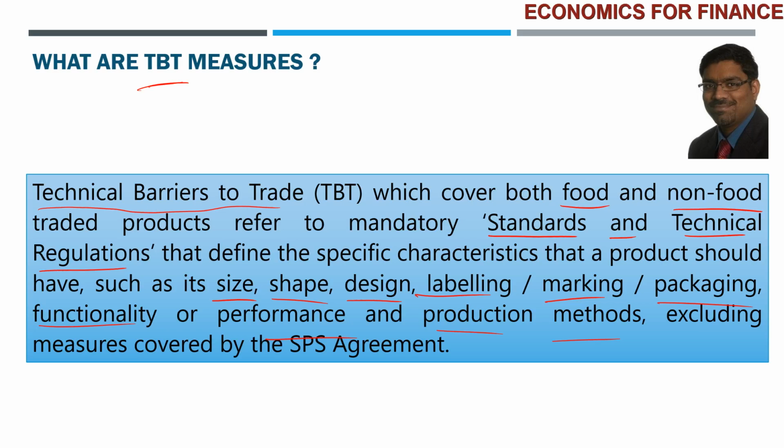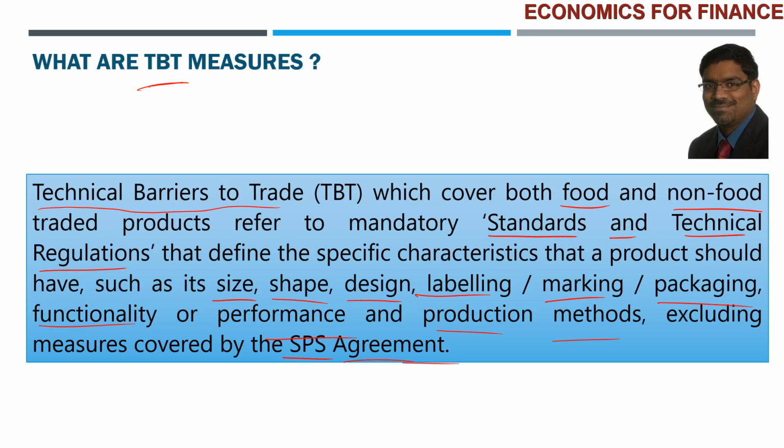discourage imports. But TBT measures, when we look at them as technical barriers to trade, exclude the measures which are already covered by the SPS agreement. When it is already in SPS, why would it come in TBT once again? So SPS measures, if they are there already, those are different.